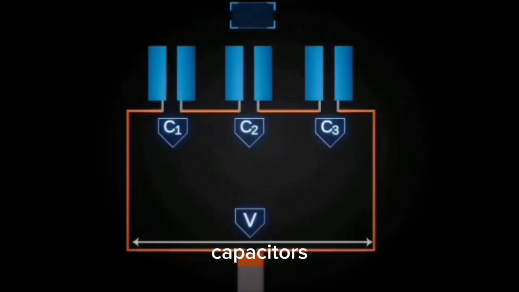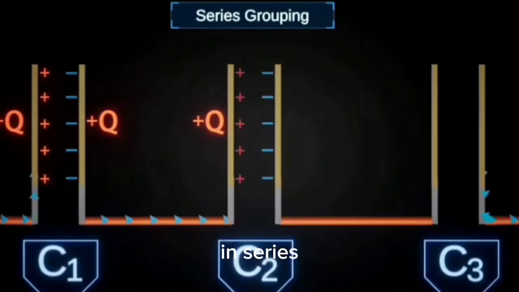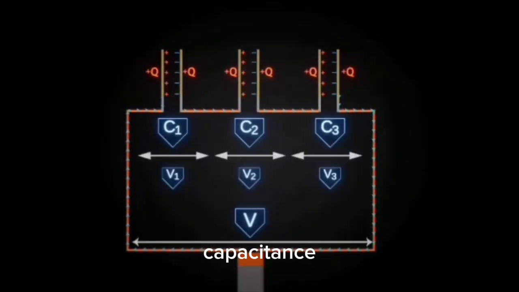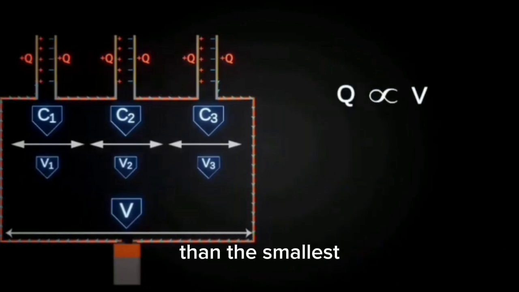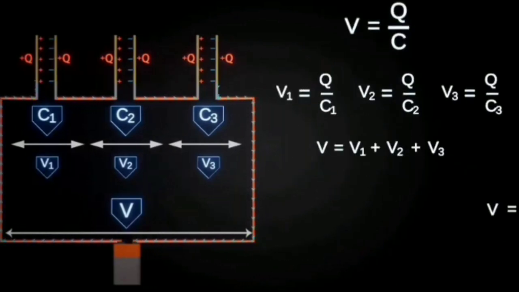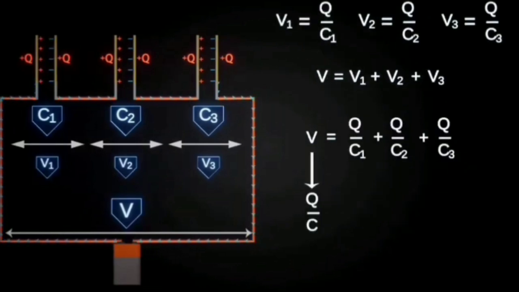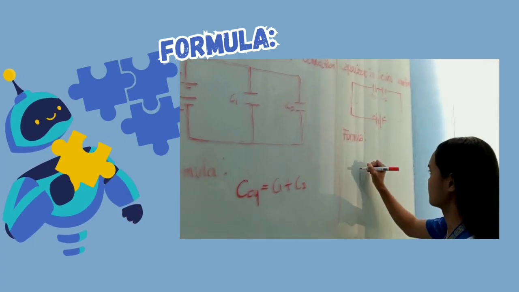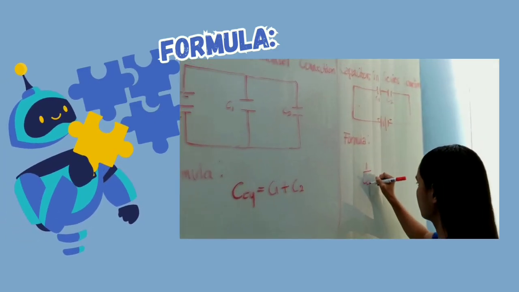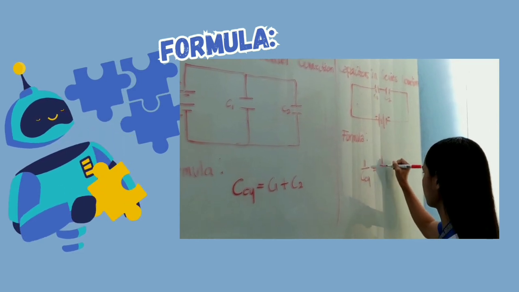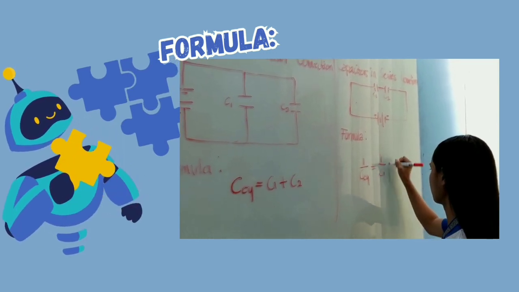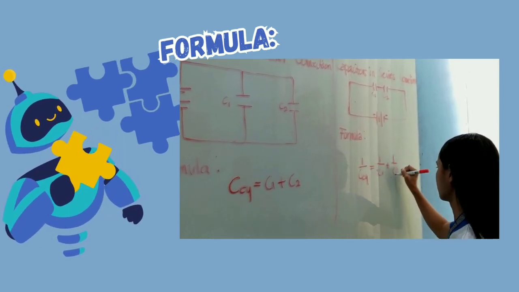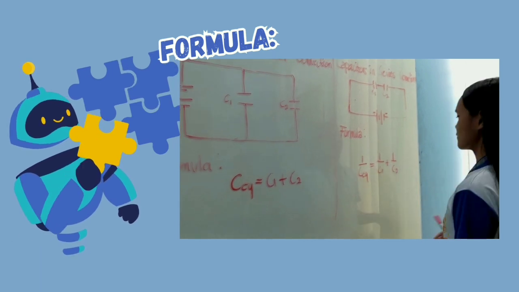Next, capacitors in series. When capacitors are connected in series, the total capacitance is smaller than the smallest capacitance. The formula for the total capacitance in series is 1 divided by C sub eq equals 1 divided by C1 plus 1 divided by C2 and so on.